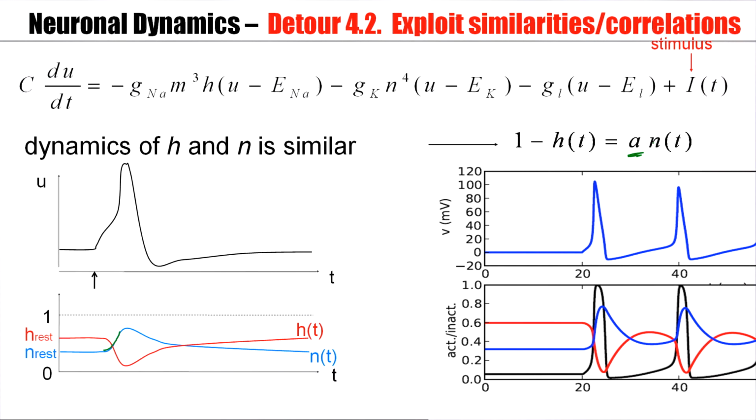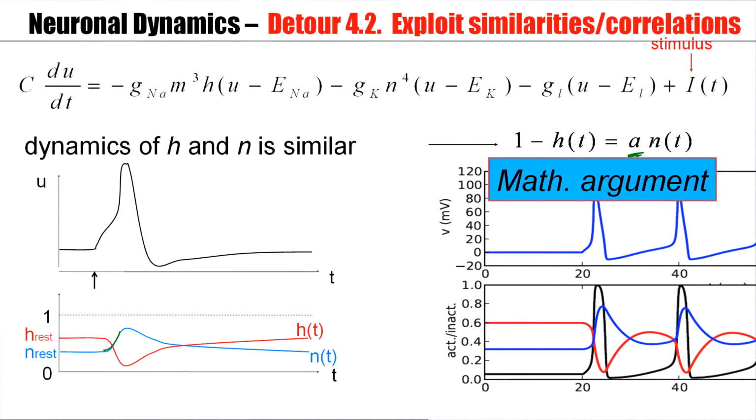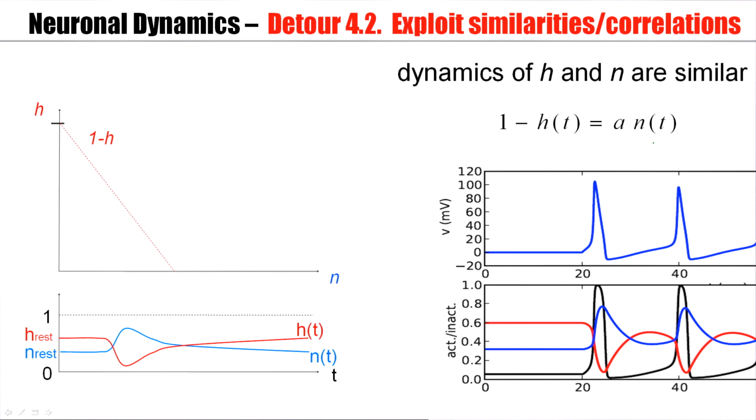So, let's look at the graph here on the right-hand side. At the beginning, the voltage here is at rest. I've chosen the voltage scale such that the resting potential is at 0. While the voltage is at rest, the activation variable N is at a certain value, and the inactivation variable H of the sodium current also takes a certain value.